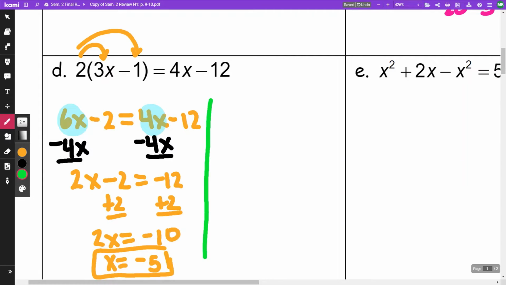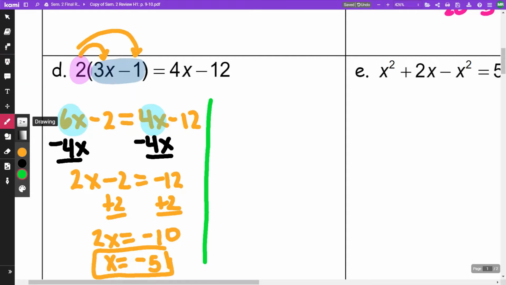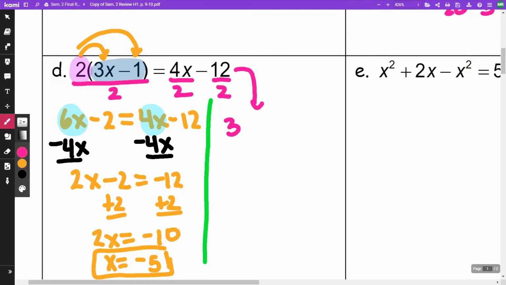Another thing I could have done, again, I have 2 multiplying with this 3x minus 1, two things multiplying together to get the other side. I can divide both sides by 2, where I divide this by 2 and I divide each of these separately by 2. That is something I can do also. It's another way of thinking about it.